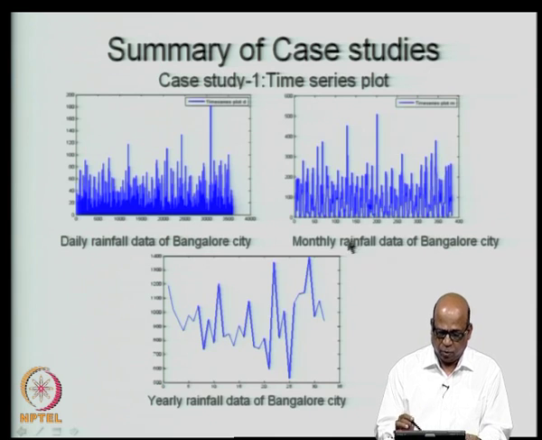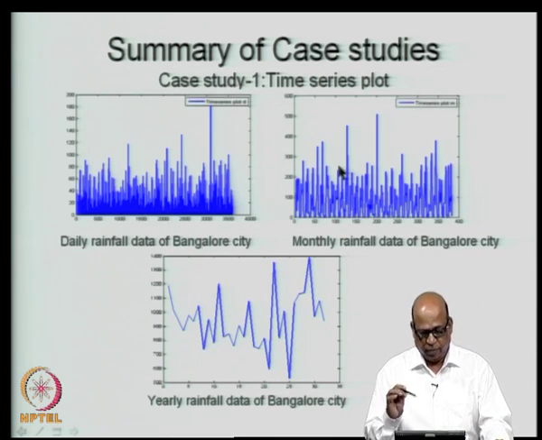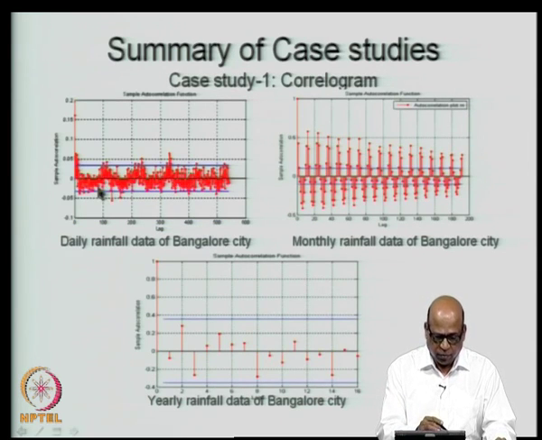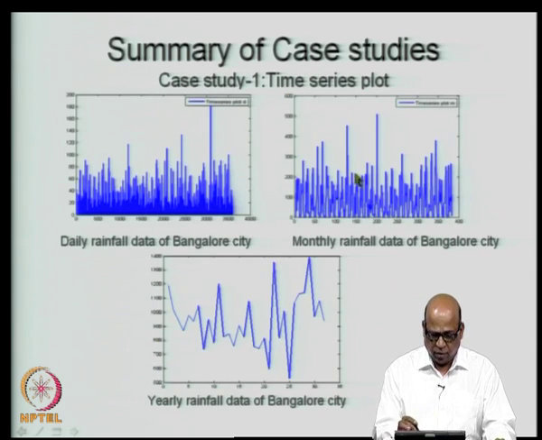Then we formulated the correlograms corresponding to each of them. Let us compare the correlograms of the Bangalore city rainfall. This was for the daily rainfall, this is for the monthly rainfall and this is for the annual rainfall. As was suspected in your time series data, we thought that the monthly rainfall may have some periodicities present in the data.